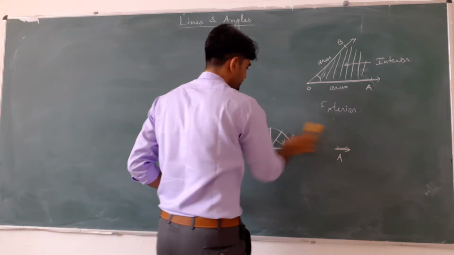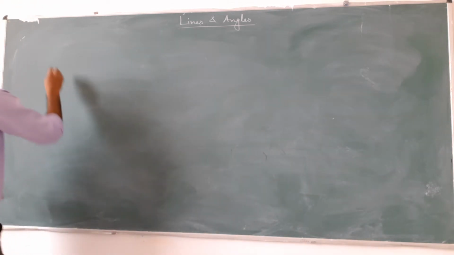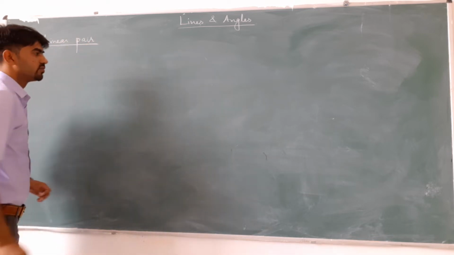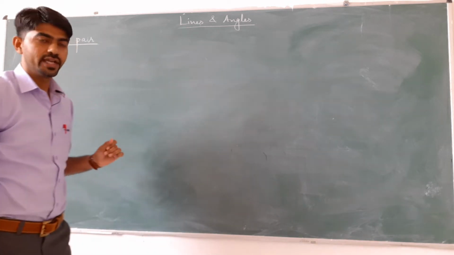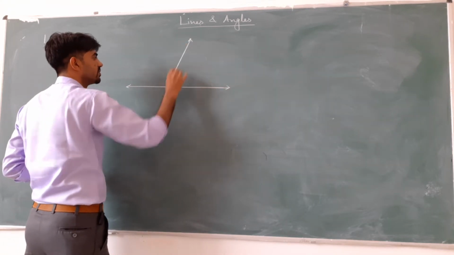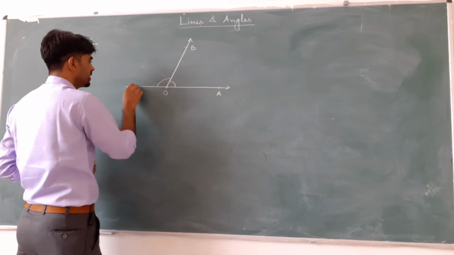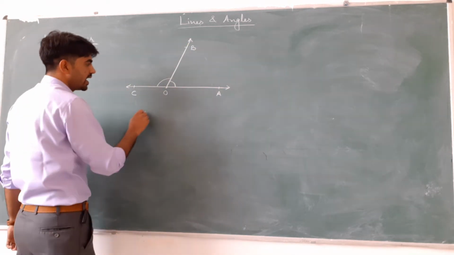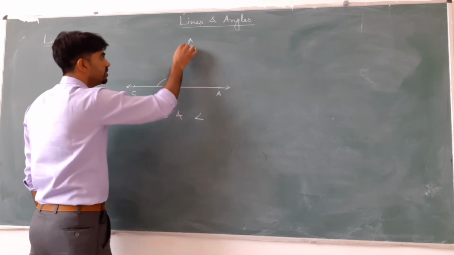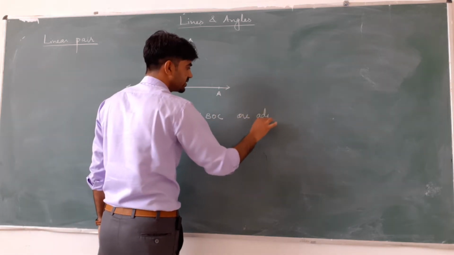What is a linear pair? Let us see. For that, if we have two adjacent angles, suppose this angle and this angle, let this be O, A, B and C. Angle AOB and angle BOC are adjacent here.